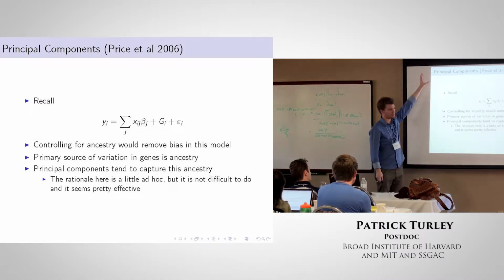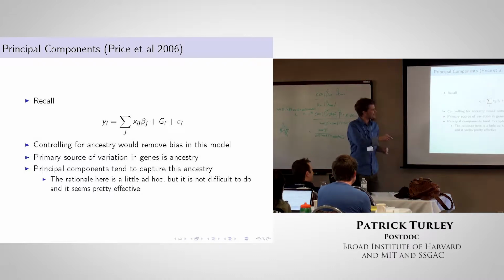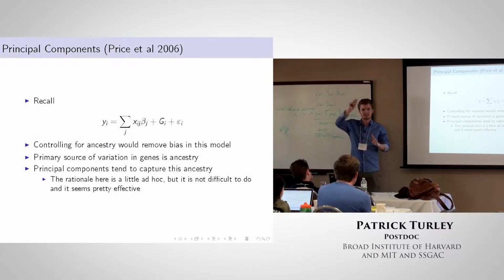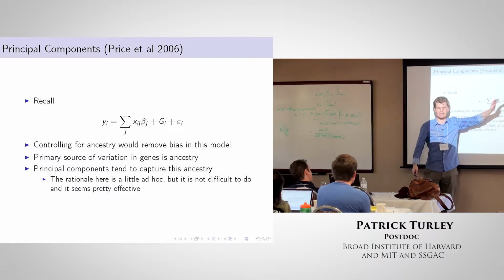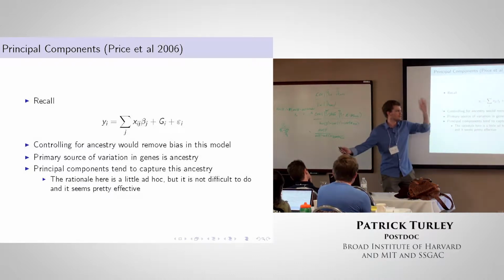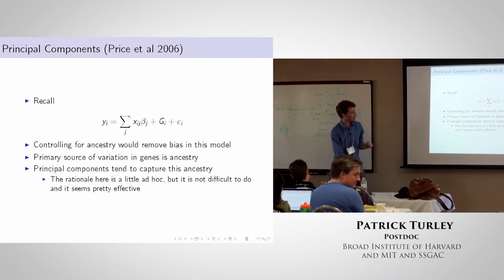We can use principal components. Okay, so remember that this was our model. We had our phenotype. It's the sum of the SNPs, and there's this G term here, which is affecting the mean. If this is like chopstick use, then this G might just be differences in Asian populations, or whatever it wants to be.